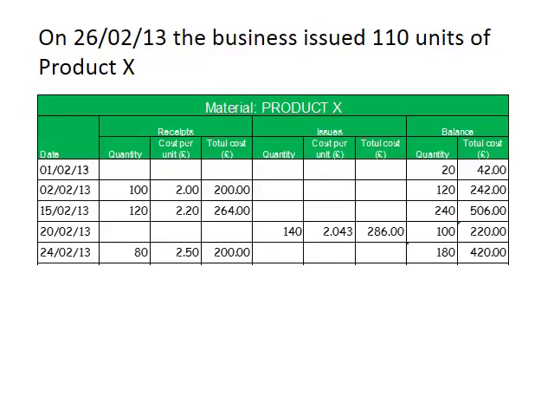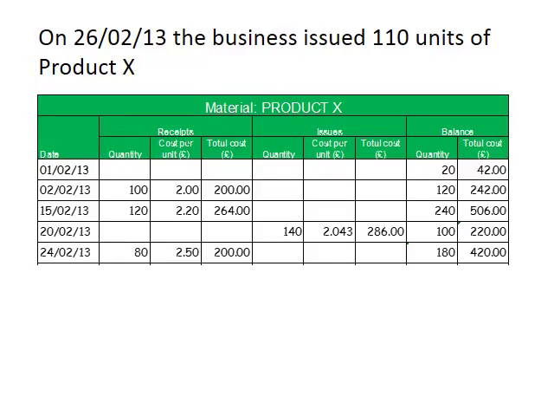If you remember, we have used up 20 units from those that we purchased on the 15th of February. Now that leaves us with 100 units remaining from the 15th of February. So we'll use those up first. We will still require 10 units more. So those will come from the 80 units that we purchased on the 24th of February.